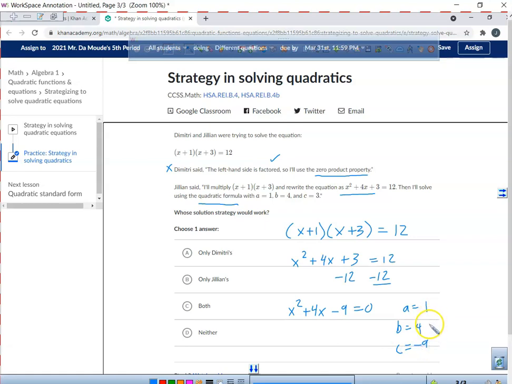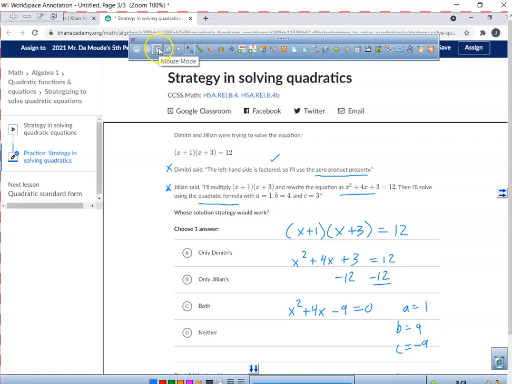But right now, she's almost right, but not quite. Just like Dimitri was almost right, but not quite. You had to set it equal to what? 0. All right? It's like you're close, but no cigar. So right now, what are we going to say? Whose solution strategy would work?